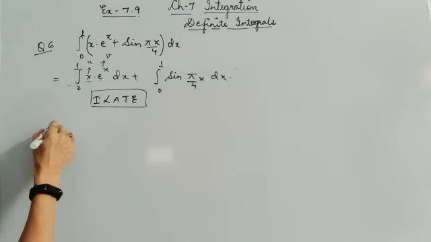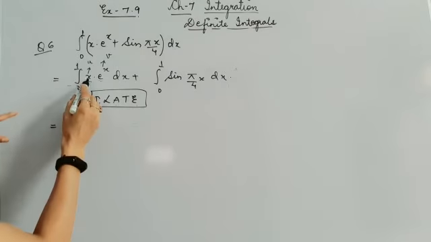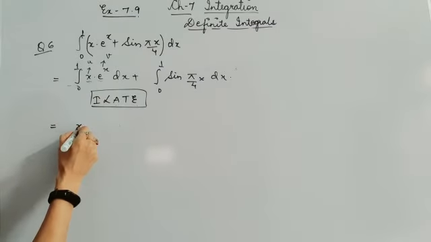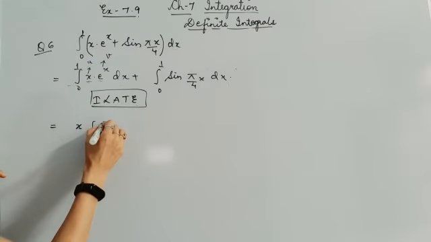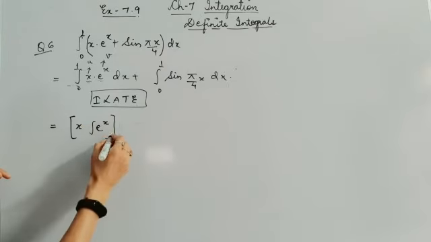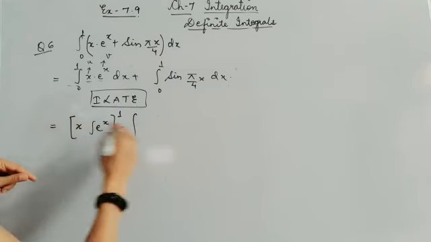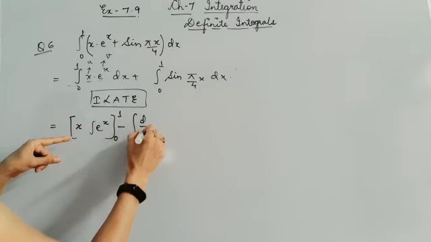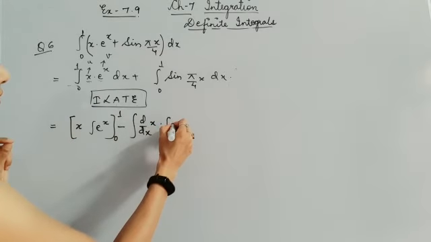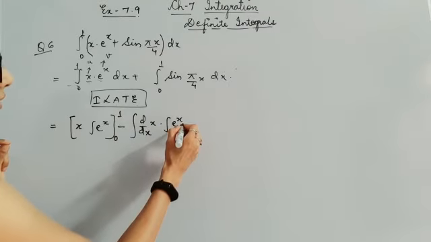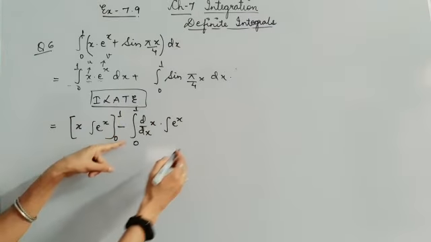See, here you will be writing it as, the formula for integration by parts is: first term as it is, integration of e raised to power x, and then you will be writing these limits over here, minus whole integration of the differentiation of the first function, that is x, again integration of the second function, that is e raised to power x, and then I will be again doing the integration.